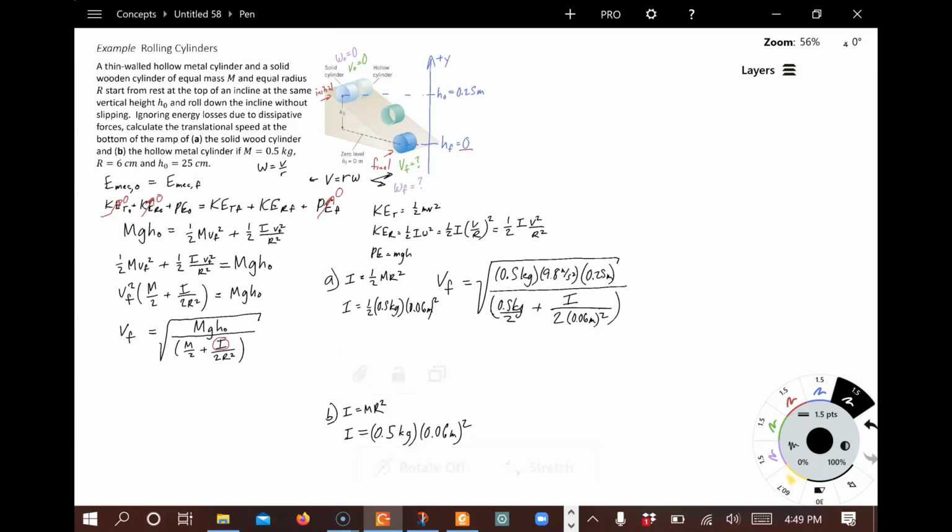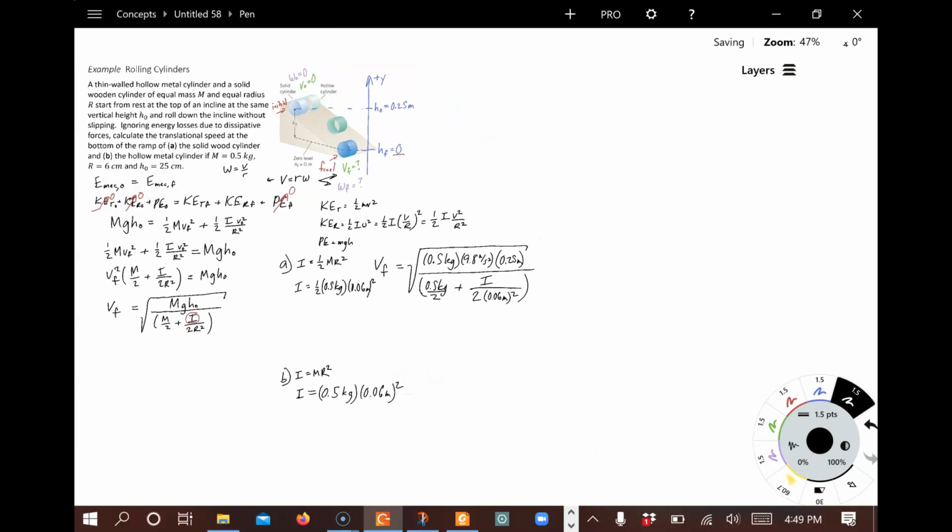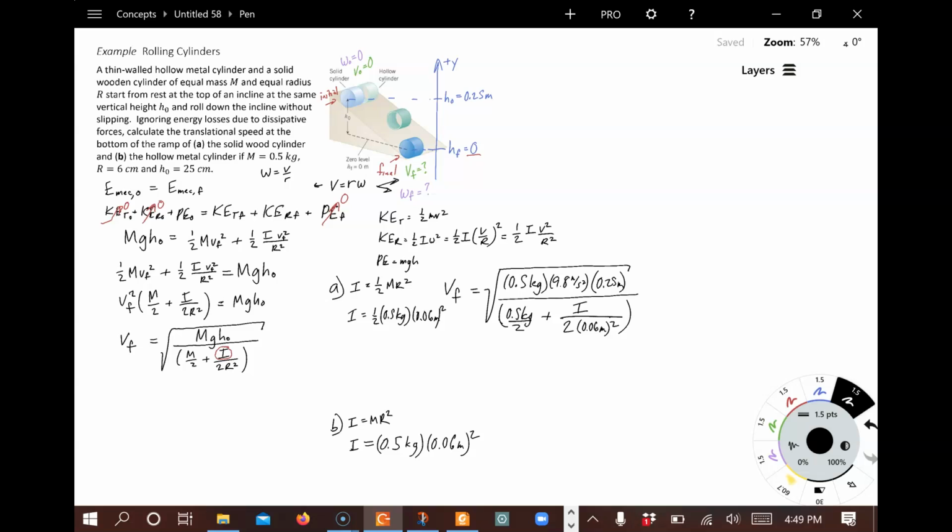All right, so for part A, when we take this number here and plug it right in there, we end up with the value for V final, which is equal to 1.81 meters per second.